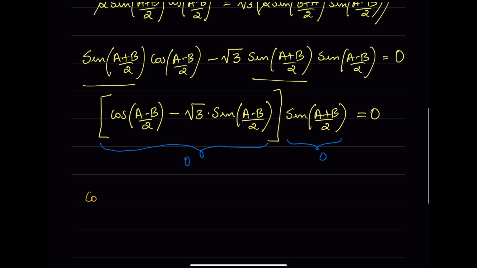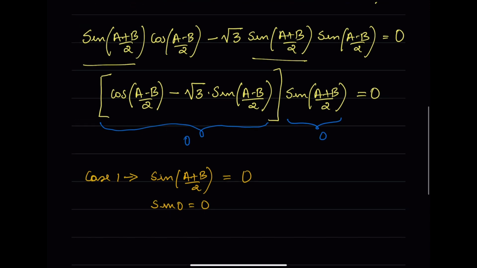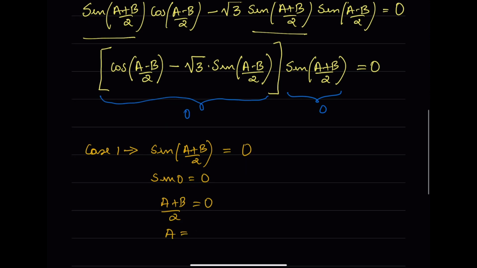Case 1 is sin of A plus B by 2 is equal to 0. So when is sin equal to 0? Sin 0 is equal to 0. That means when A plus B by 2 is equal to 0, that is when A is equal to minus B, this part of the equation becomes equal to 0.